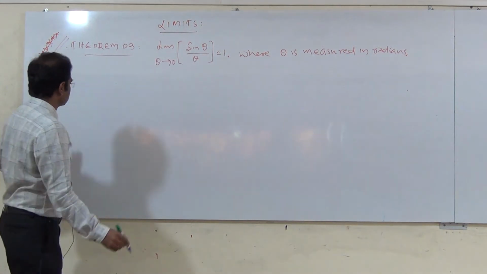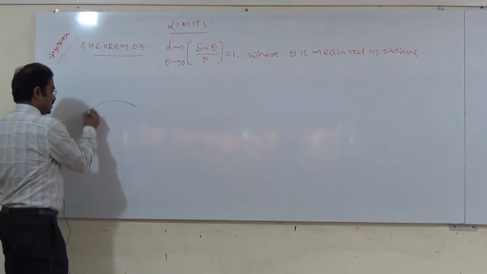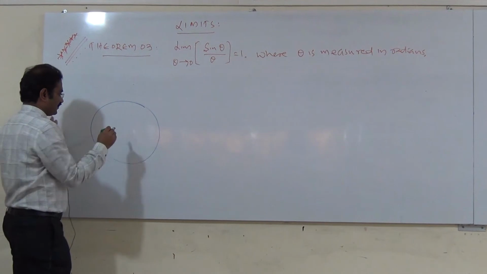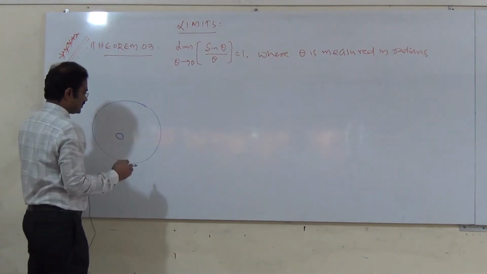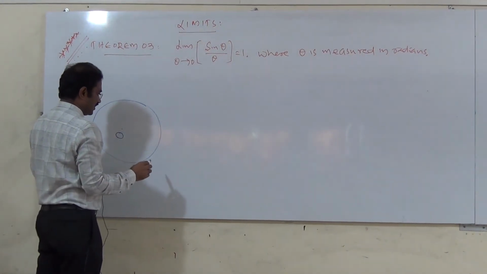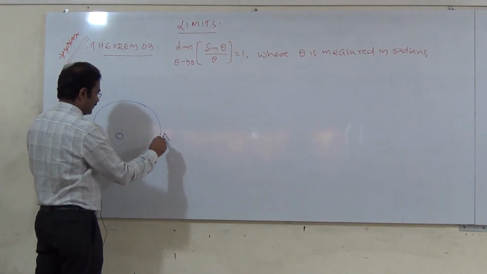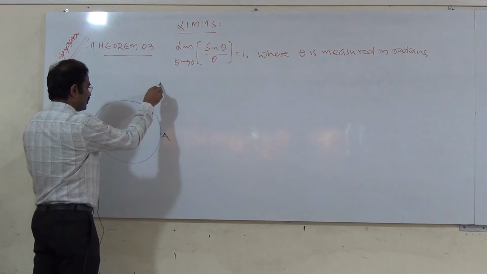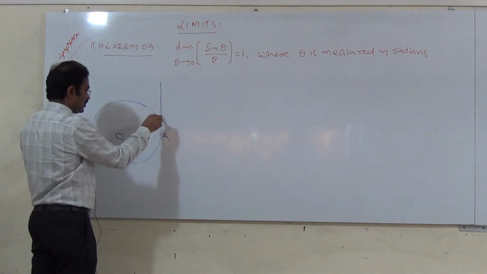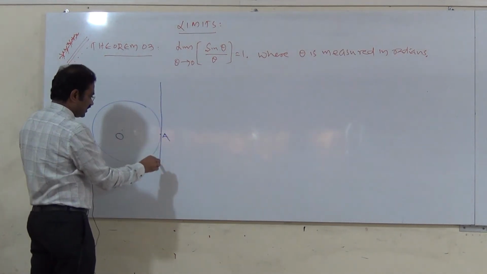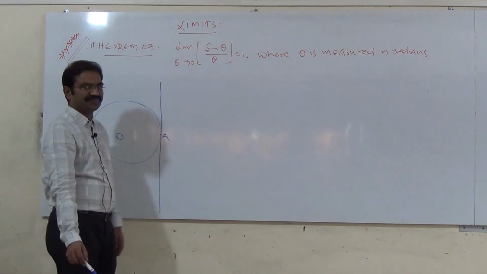To prove this, consider one circle. O is the center, and this is the point A, and draw one tangent at A. Do you know what a tangent is?